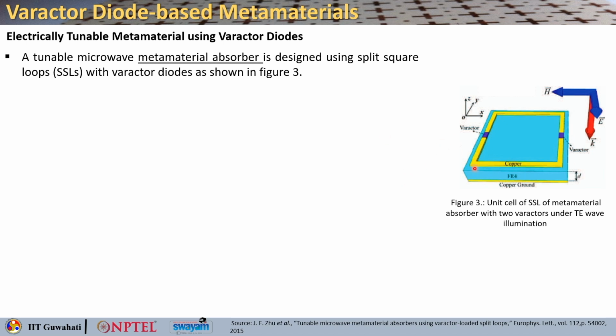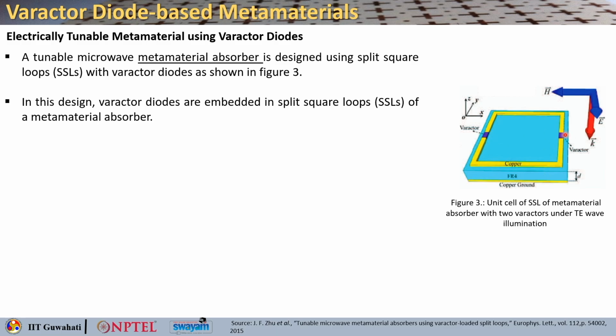As you can see here, these are metallic loops with two splits. So you are basically placing varactor diodes in those gaps. In this design, varactor diodes are embedded in these split square loops, or SSLs, of the metamaterial absorber.